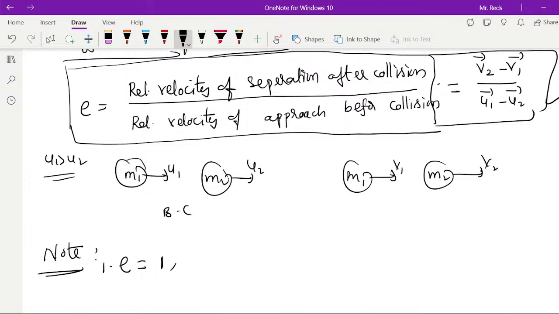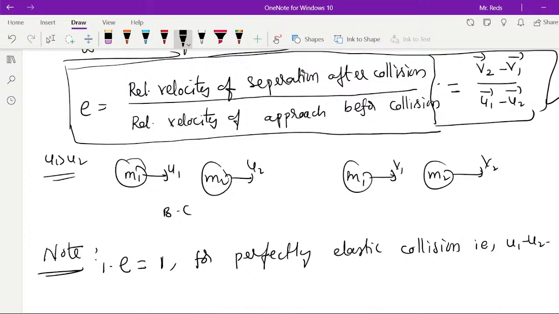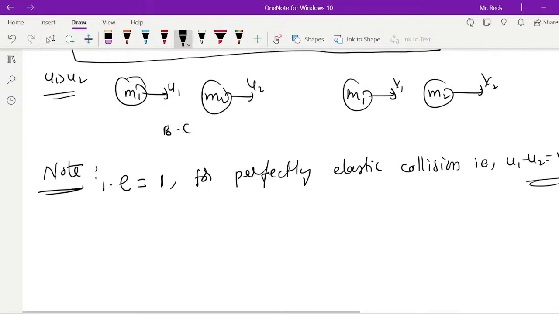E is equal to 1 for a perfectly elastic collision, that is, u1 minus u2 is equal to v2 minus v1. Whereas E is equal to 0 for a perfectly inelastic collision, or completely inelastic collision.